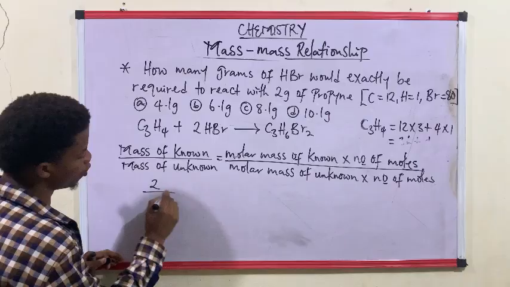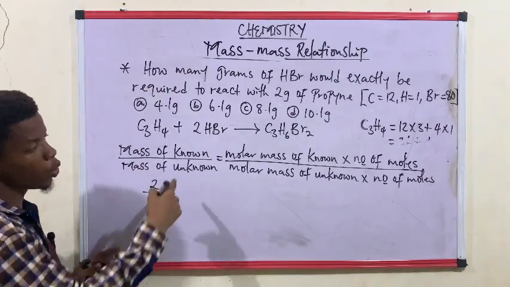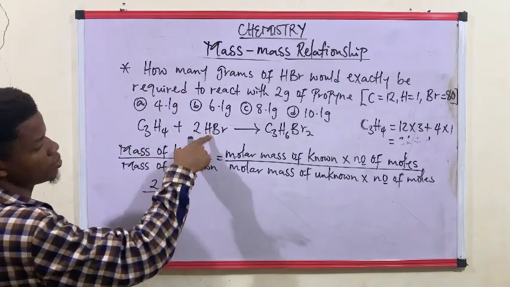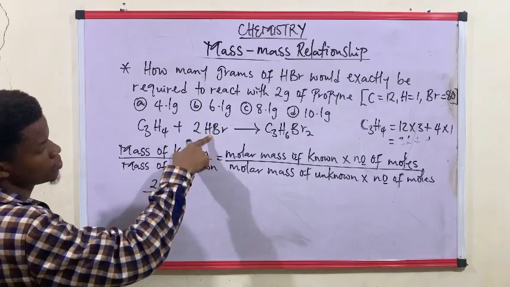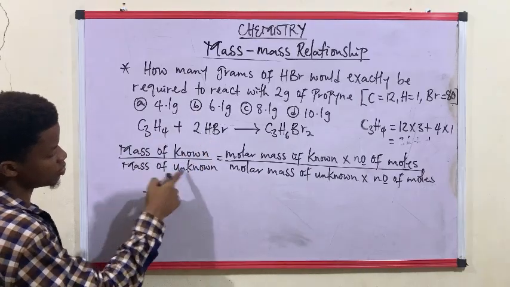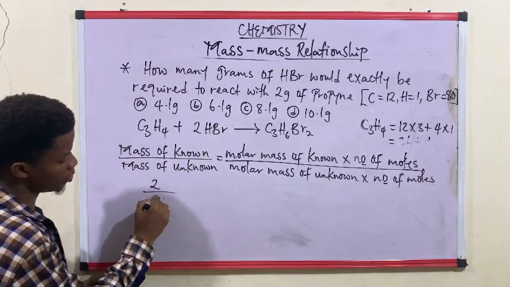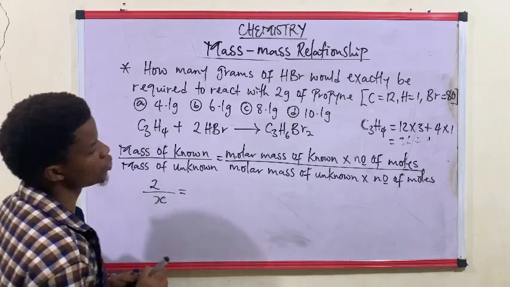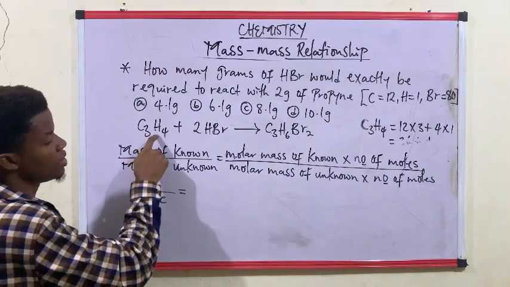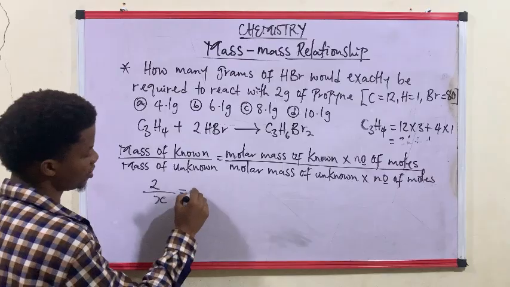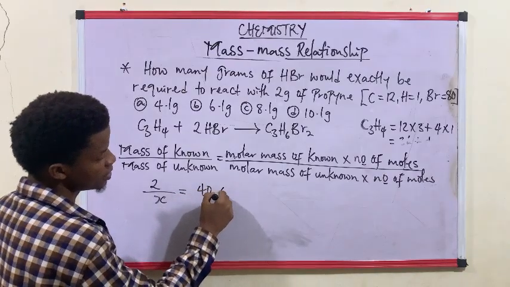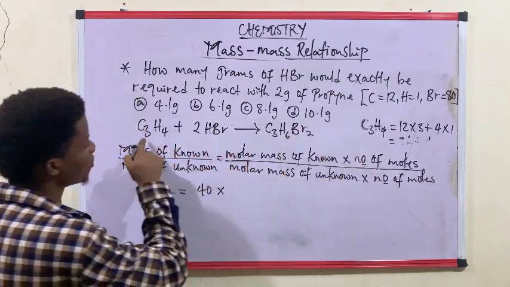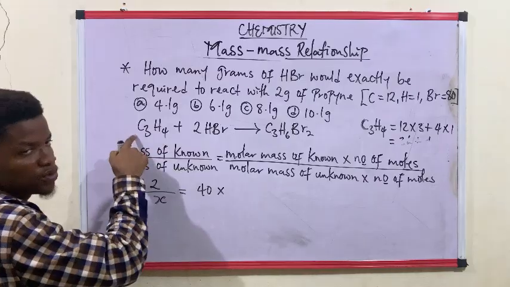So 2, that's for the propane. That's why it's the 2 over mass of unknown. We don't know this, so we call it X. We are looking for the mass of the unknown, so X equals molar mass of known. The molar mass of this is 40 times number of moles. From the equation, how many moles is with propane?